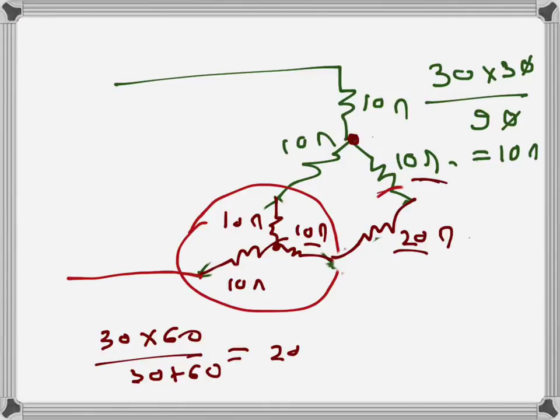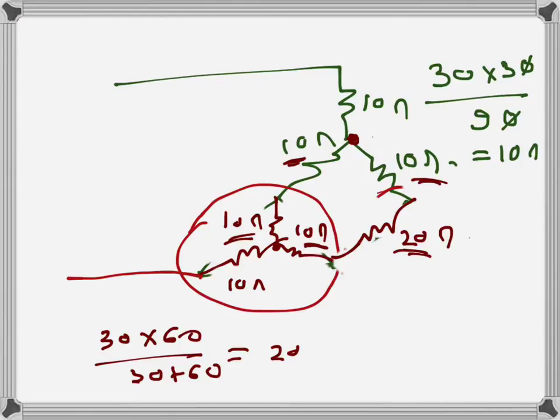After the series equivalent, they will be in parallel with the series equivalent of these two resistances. Here we have two 10 ohms resistances, so the series equivalent will be 20, 10 plus 10. And here we have 10, 20 and 10, so the series equivalent will be 40. So 20 and 40, these two will be the parallel combination.